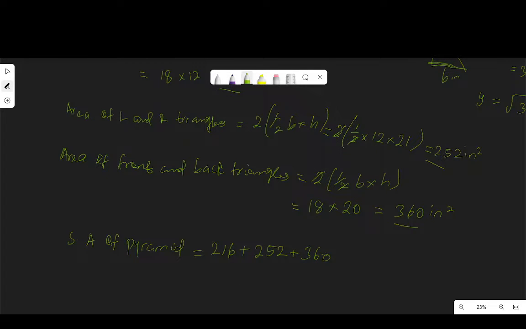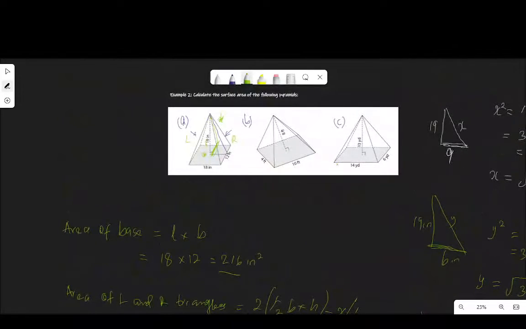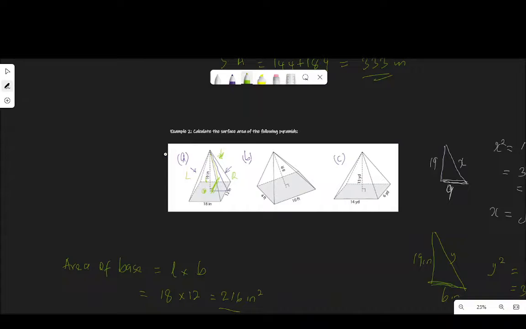Let's put all of this into the calculator. 252 plus 216 plus 360 gives us 828 inches squared. So the surface area of this pyramid is 828 inches squared. That is that for question A.